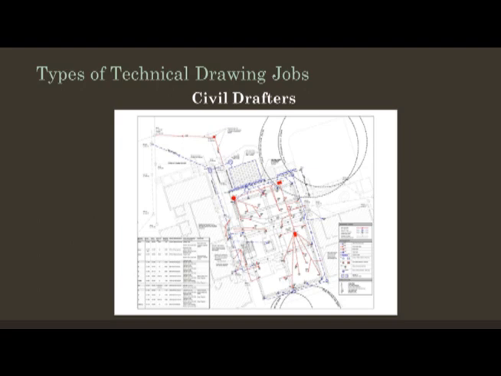Along with drawing abilities, a civil drafter must have expert knowledge of functional aspects of a project. For example, a drafter drawing plans for a sewage system must understand the physics of water flow. Those are example works of civil drafters.